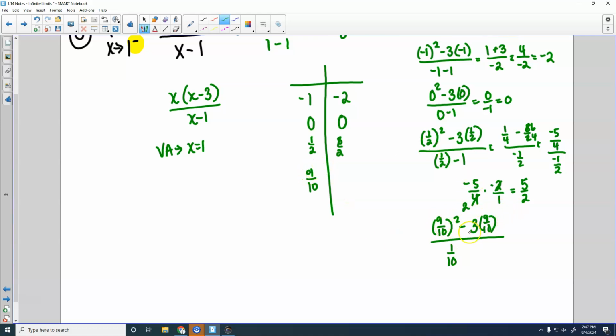I do that more than I'd like to admit. There. All right, so this is going to give us 81 over 100 minus, let's see, 27 over 100 over -1/10.